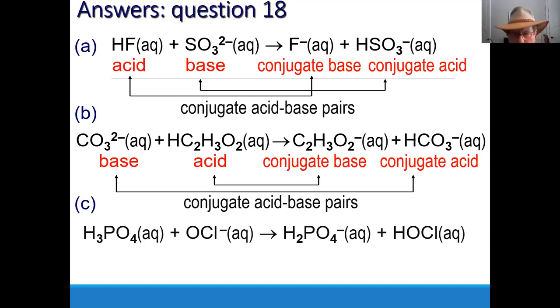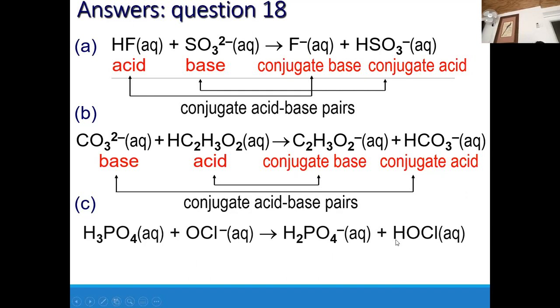Okay, now this is going to be a hard question, Jennifer, because you have two possibilities of donating an H, don't you? Either one of these could deliver an H, right?